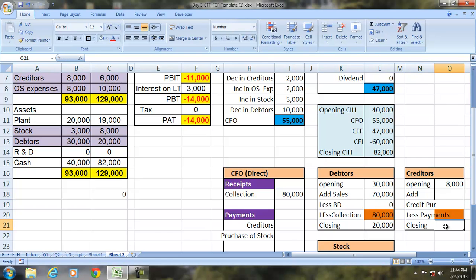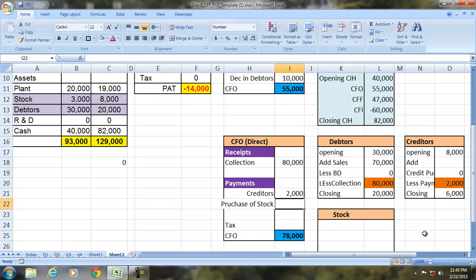So in this case, the closing is 6,000. We'll assume the credit purchases to be 0. So the payments that has been made during the period is 8,000 minus 0 minus 6,000. So payment to the creditor 2,000.